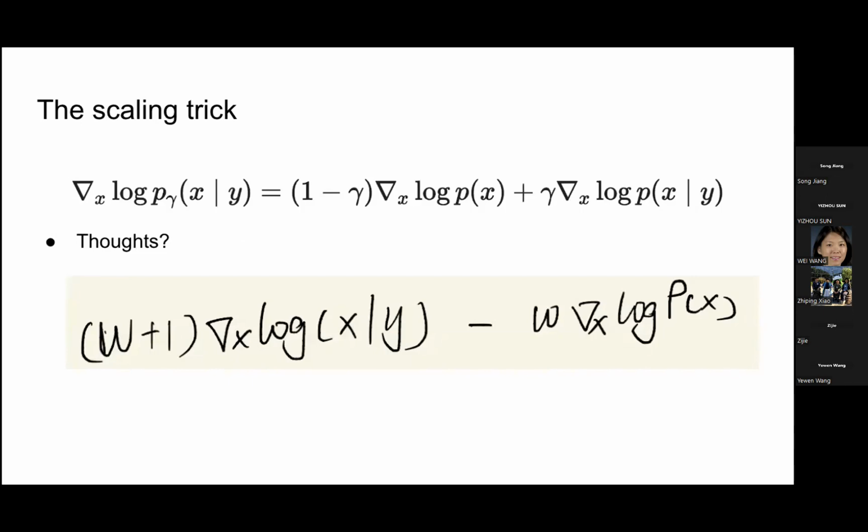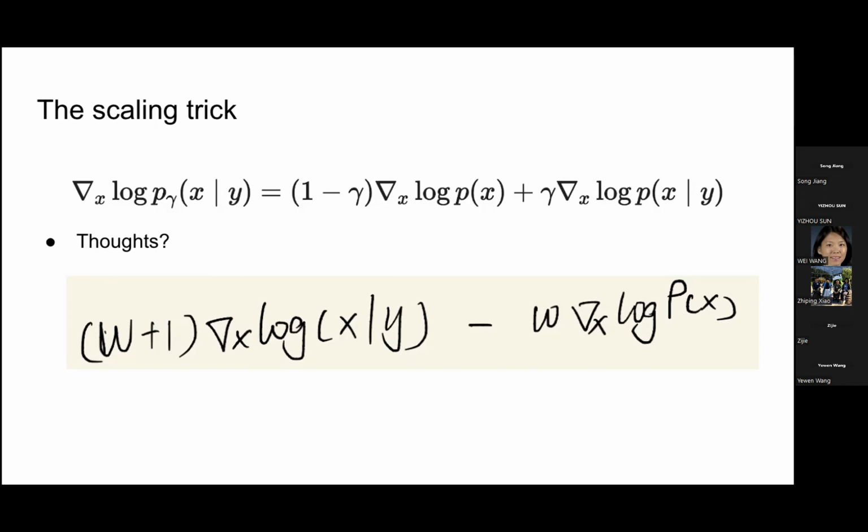Okay, the point is how do you train such a conditional score, right? Maybe you can just put all the Y during the standard diffusion model part. So this is for the sampling stage, right?